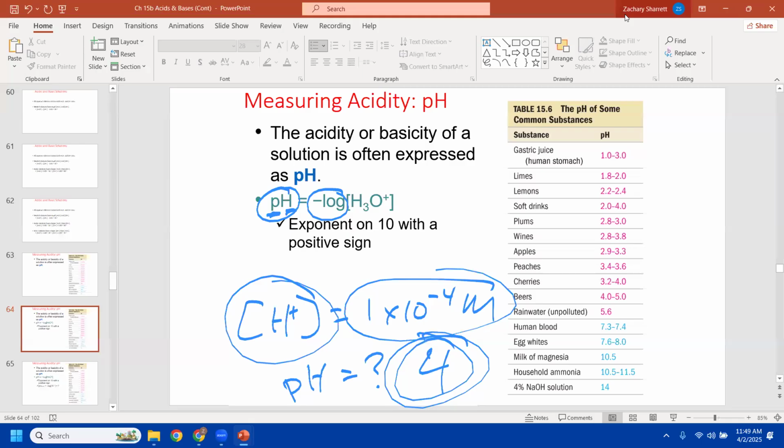Okay. For basic solutions, the OH minus concentration is bigger. If you want to find the pH of a basic solution, if I tell you the OH minus concentration is 1 times 10 to the negative 2, and I think we did this one, right? Remember we did this problem? You can't directly calculate the pH from this, but with the OH minus concentration, I can find the H plus concentration.